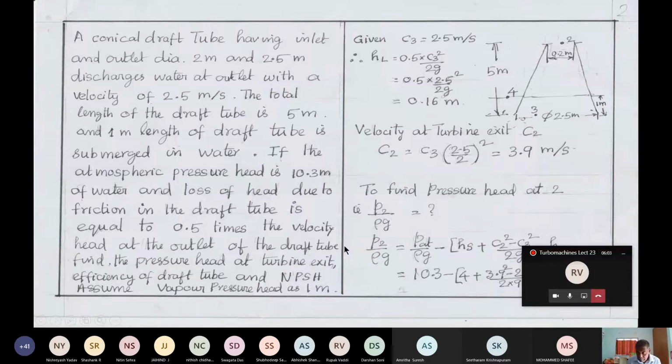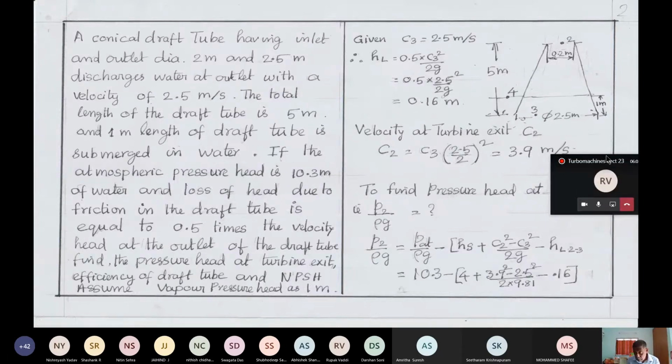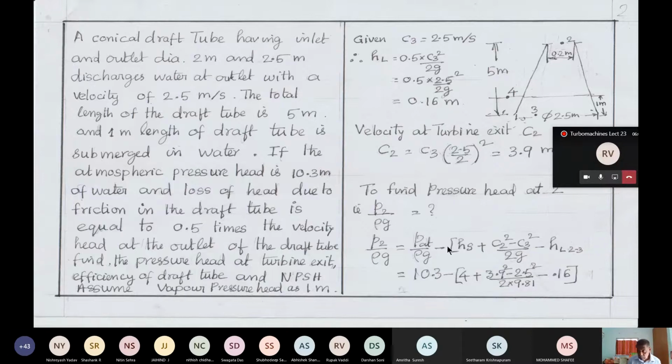Now to find the pressure, this is the equation used. P2 by rho g is equal to the atmospheric pressure head minus Hs, plus the velocity differences, C2 square minus C3 square by 2g, minus the head loss from 2 to 3. See, Hs I have not indicated here, that is nothing but 5 minus 1. Okay, I should have marked it here.